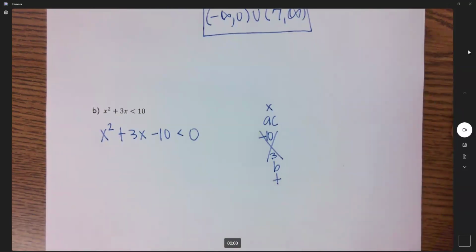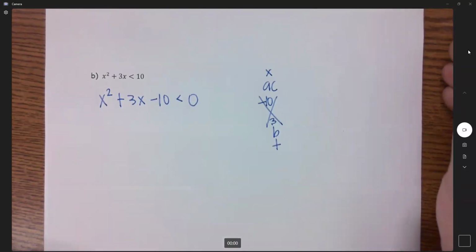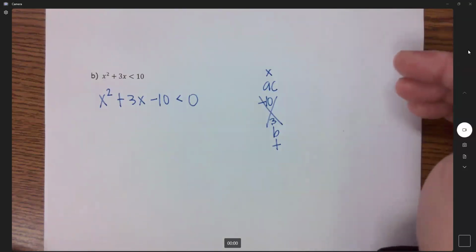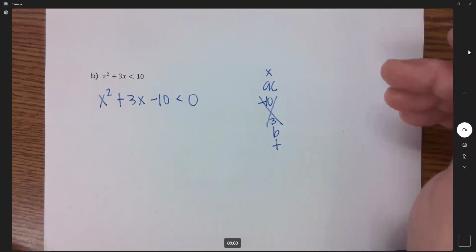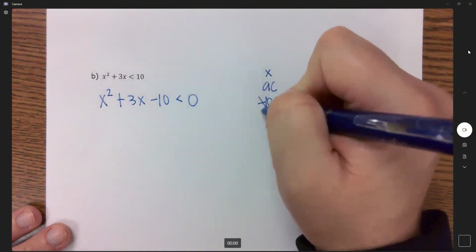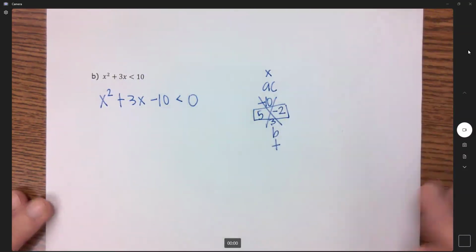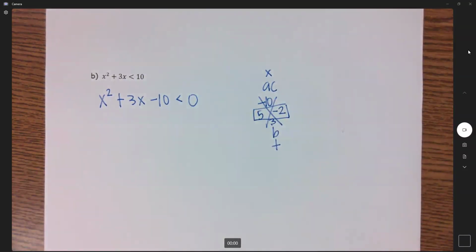So pause this video and see if you can find that number, or those numbers. Okay, I hope you've had time. If not, pause it quickly. Because it's 5 and negative 2. 5 times negative 2 is negative 10. When we add, we get 3.